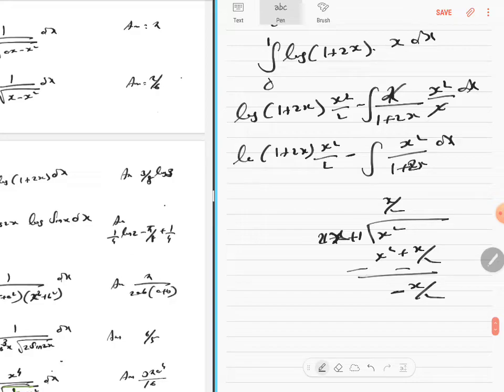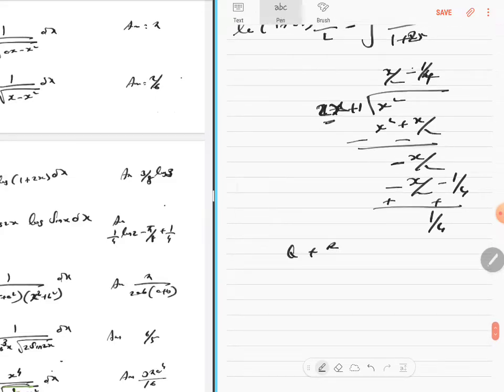And to get this minus x by 2, you multiply with minus 1 by 2, 2 and 2 get cancelled, you get 1 by 4. That's when you will get, because it's already 2x, minus x by 2 minus 1 by 4. So when you change the symbol, remainder is this, a quotient plus remainder by divisor. So quotient is x by 2 minus 1 by 4.